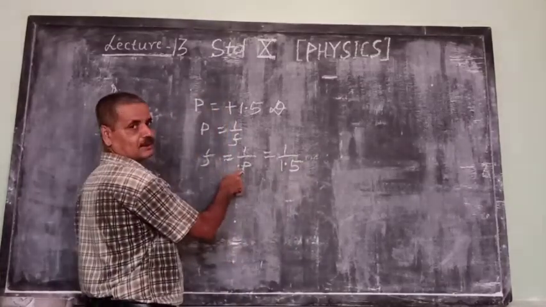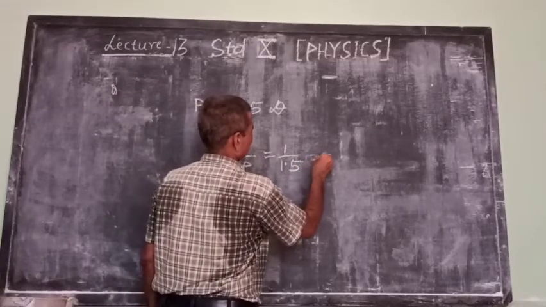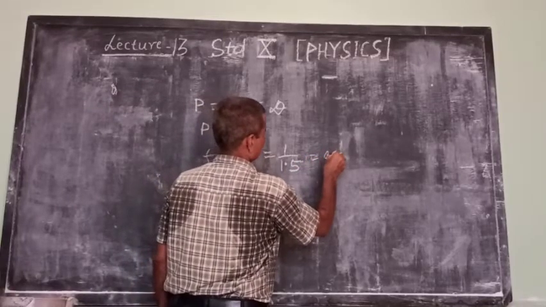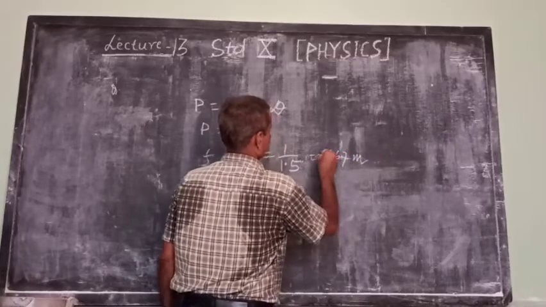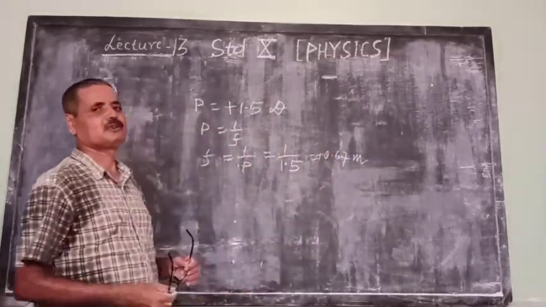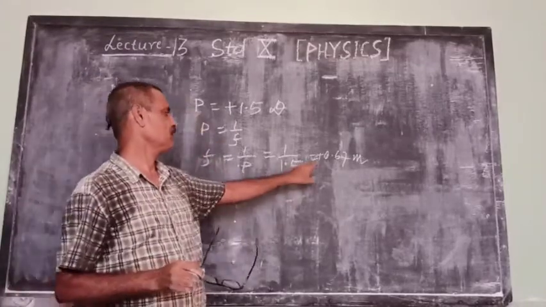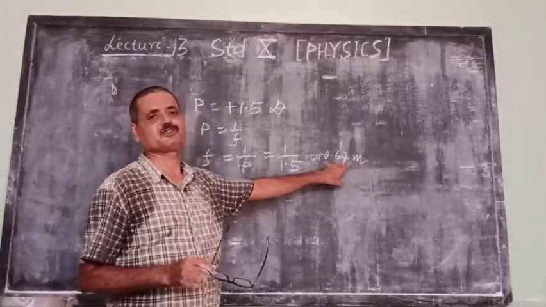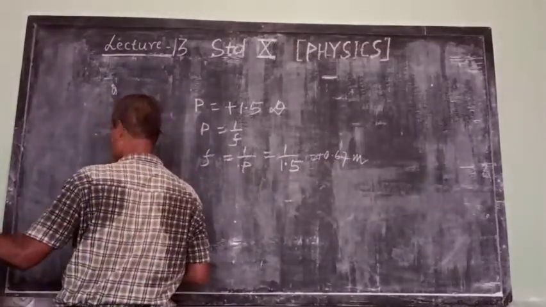Power is in diopter, naturally its focal length is 1 divided by 1.5. It will be approximately 0.67 meter. This value will be positive. It means the focal length of the given lens will be 0.67 meter. Any other question? Just for another example, I am producing for you.